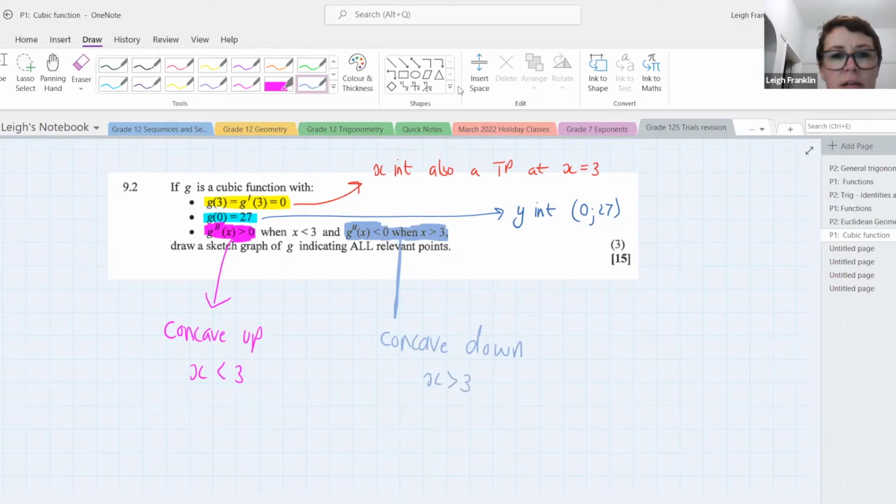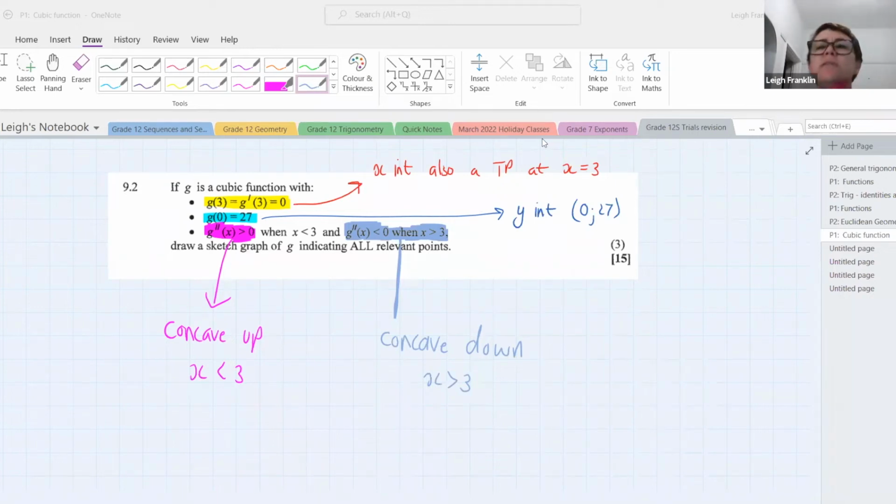So that tells us something about the shape. So 3 is an x-intercept that's also a turning point. With the information that they've just given us, they've also told us that the graph is concave up when x is smaller than 3 and concave down when x is greater than 3.